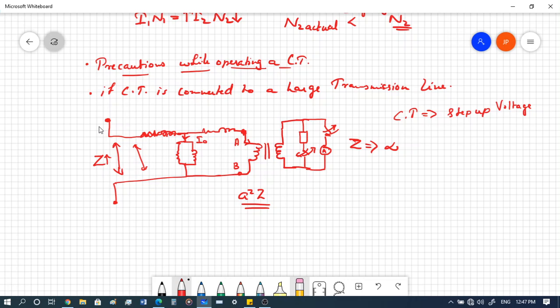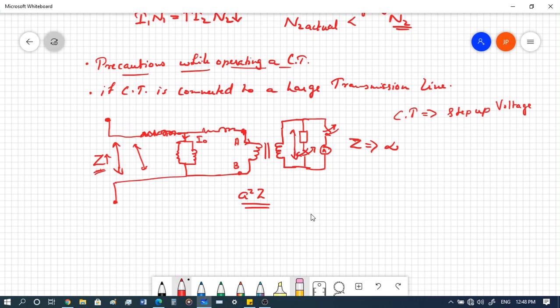Here in the secondary side the current will be low, but the voltage will be high, the power remains constant, right? So if there is a huge voltage appearing over here, that implies there will be a huge voltage appearing over here as well. So there is a high risk in conventional CTs if you keep this open circuit. That is one major disadvantage in case of CTs.